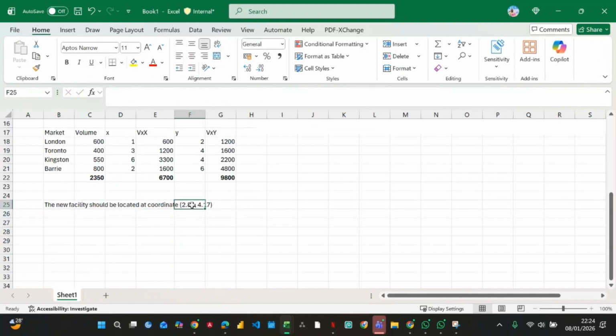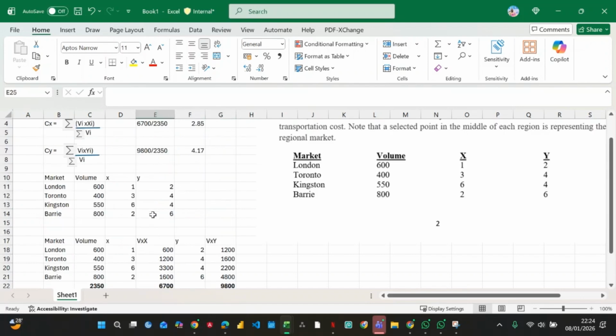Okay, so now these are the coordinates where the site will be located.